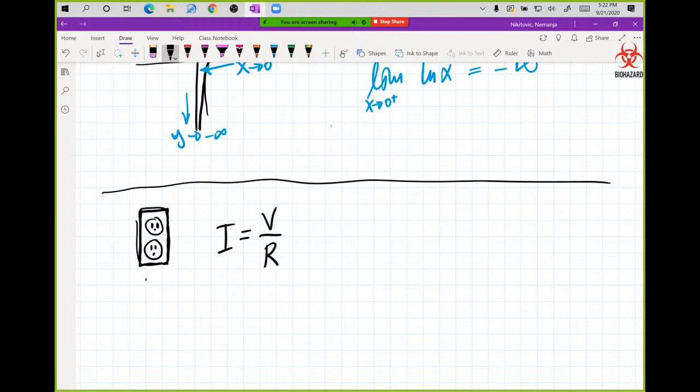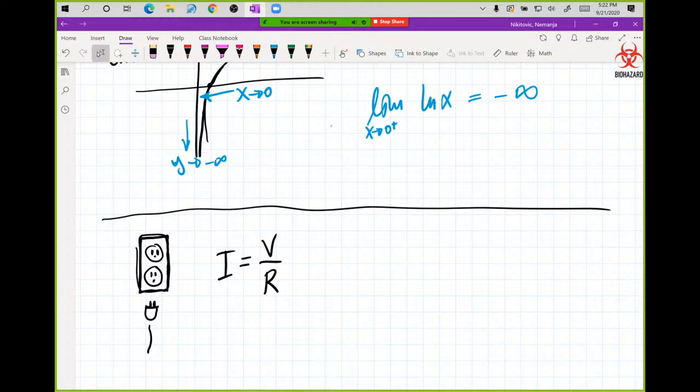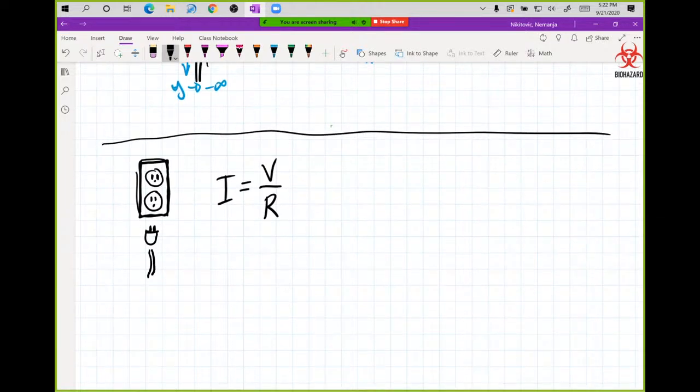When you plug something into the unit, it's usually connected to something called a coil on the other side, and that coil has resistance. Then there might be another coil on the other side to induce the voltage for a cell phone charger and so on. But there is a resistance, so this resistance is never zero.